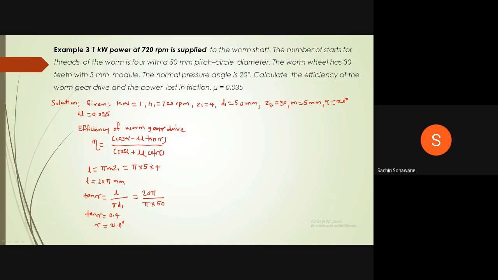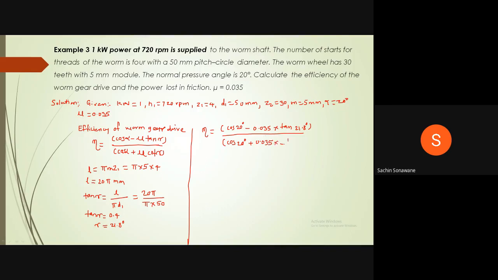Now we will find out efficiency. We will substitute all the values here. Efficiency is equal to cos of 20 degree minus 0.035 into tan of 21.8 degree, divided by cos of 20 degree plus 0.035 into cot gamma, which is 1 upon tan gamma.